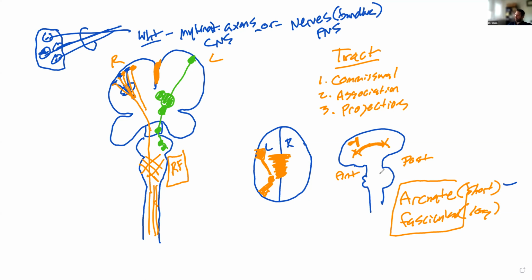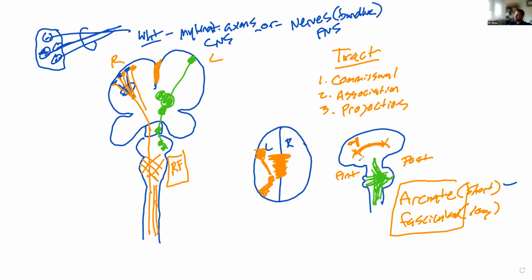Okay, so if you look at a lateral side, you're going to have axons that are communicating from the cerebrum to the cerebellum. You're going to have them communicating from your pons and your medulla to the cerebellum. You're going to have tracts projecting longitudinally, we'll say longitudinally coming up into the brain.